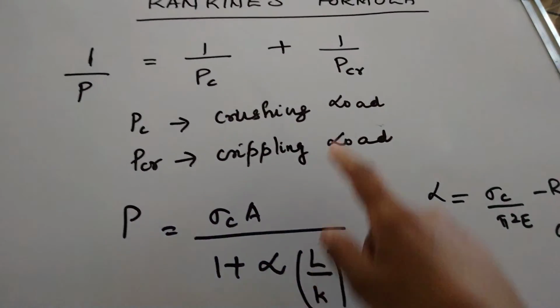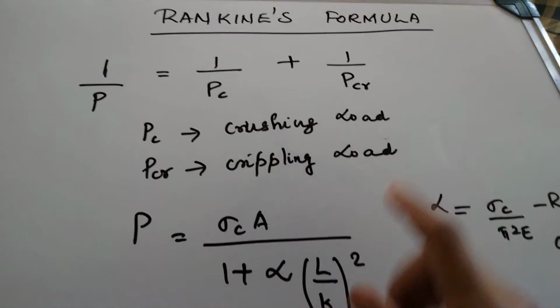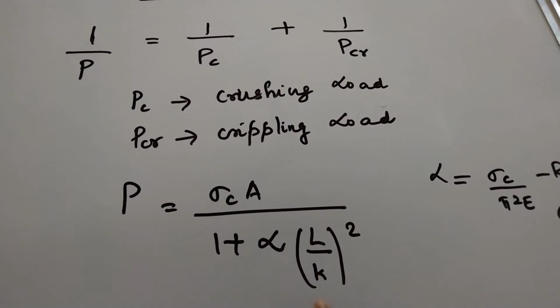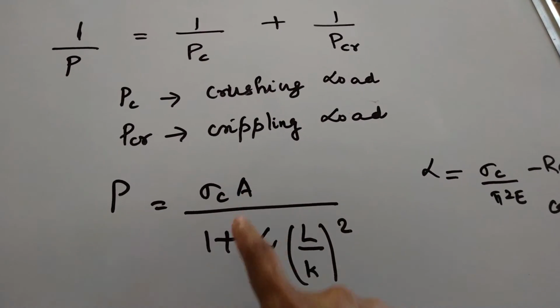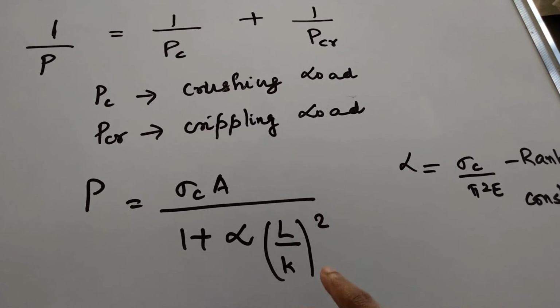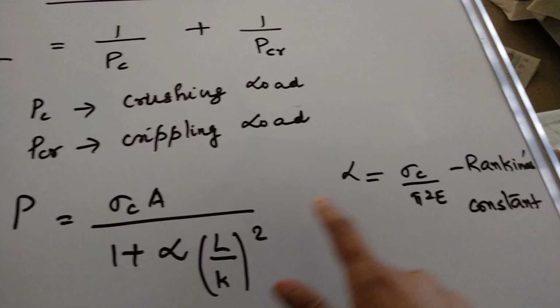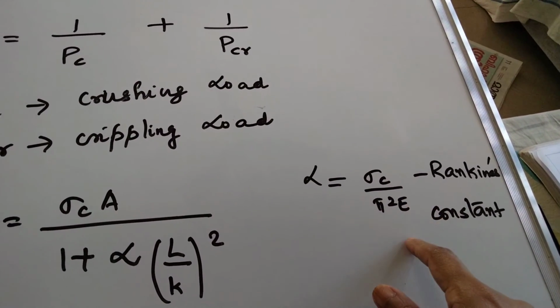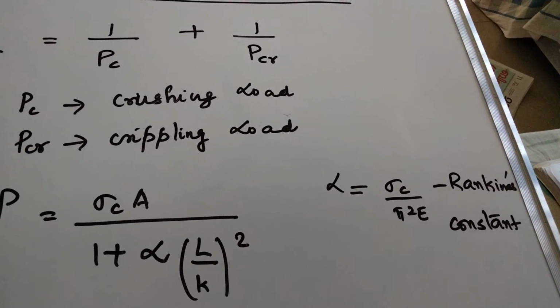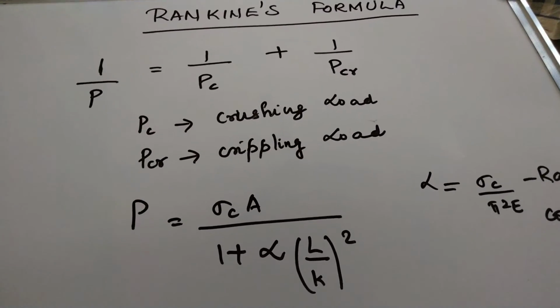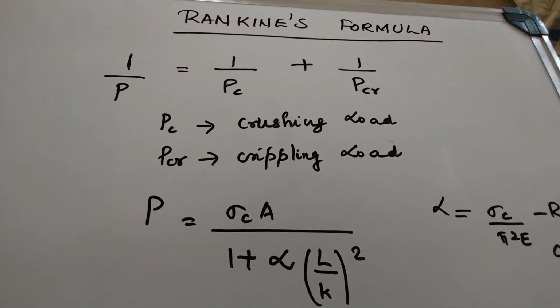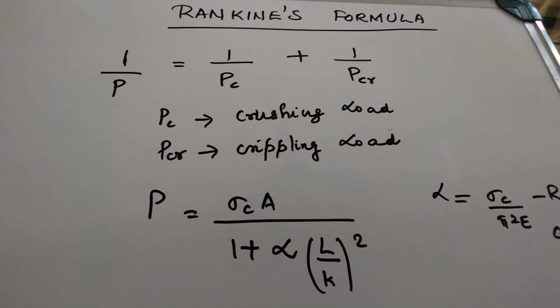On simplification, substituting for PC and PCR, we get this equation: P = sigma C A by 1 plus alpha into (L by K) the whole square, where L by K is the slenderness ratio and alpha is equal to sigma C by pi square E, which is known as Rankine's constant. So that is all about long columns. We have two formulas, Euler's formula and Rankine's formula.